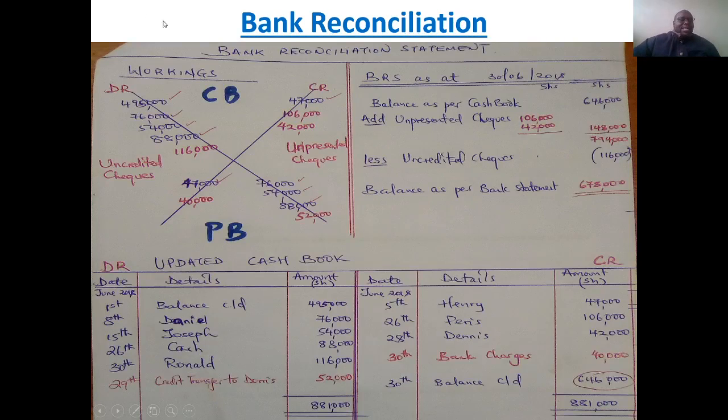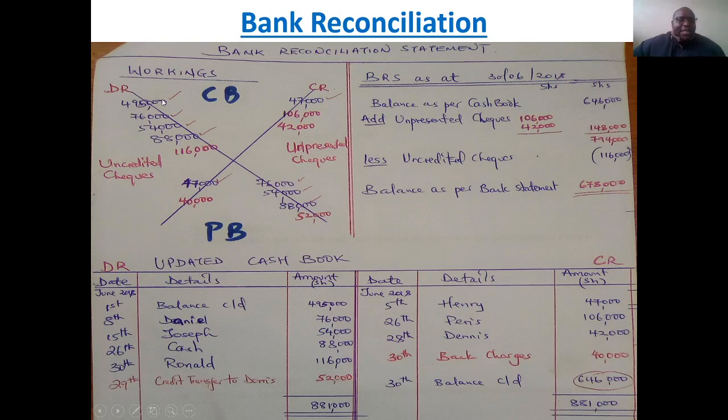So the workings. Here we assign DR side, left hand side, CR side. And we record all the transactions that are in the cash book here and those that are in the bank or passbook. On the credit side, those transactions in the cash book and those transactions of the passbook according to the bank, we record them down here.